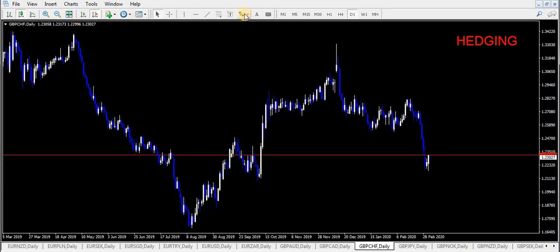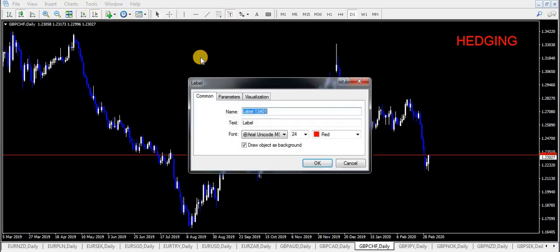First and foremost, the first thing you do is to throw a buy and a sell at the lowest possible volume. Now you throw a buy and a sell, or open up buy and sell trades, at the lowest possible volume. So let me put that down for you all.